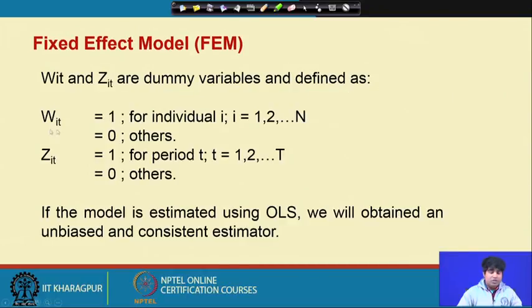Similarly, for time, when a particular period is targeted, the dummy is represented as 1, otherwise as 0. So, we have a big multiple regression model through which we can study the individual firm impact and individual time impact while investigating the impact of the independent variable on the dependent variable.